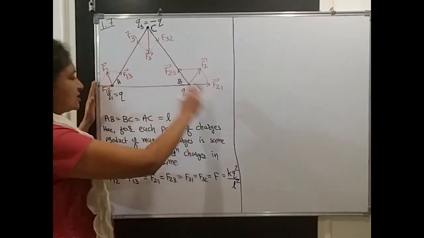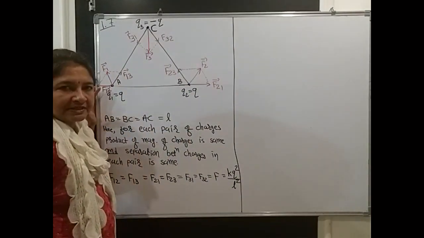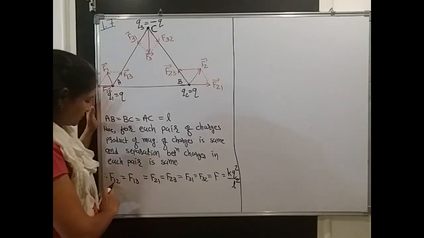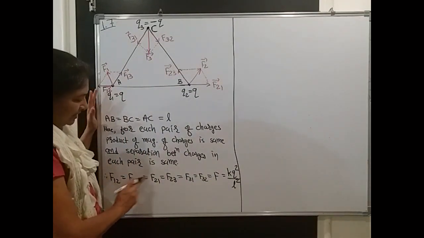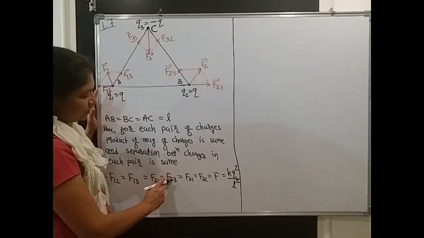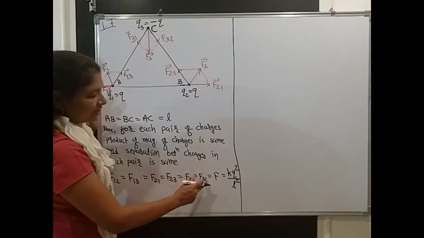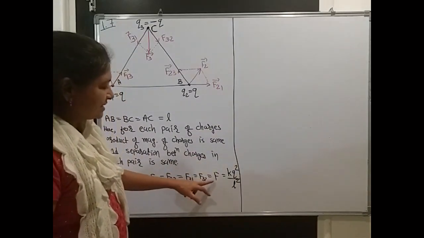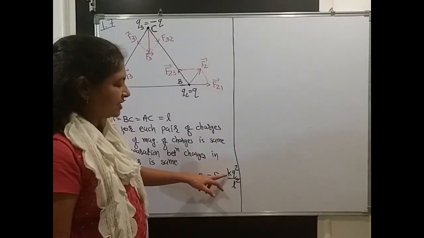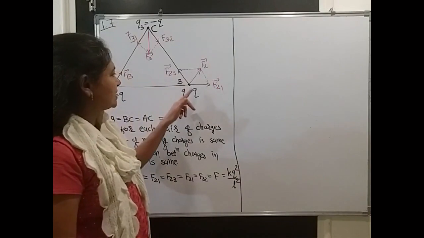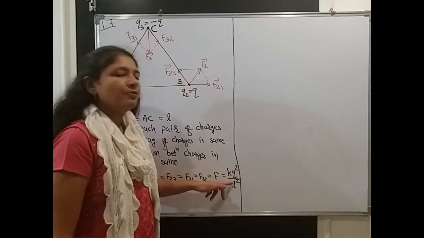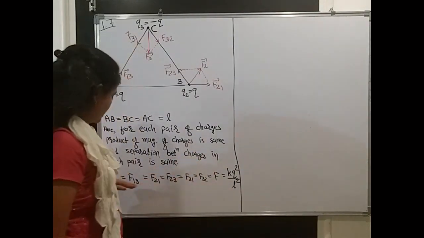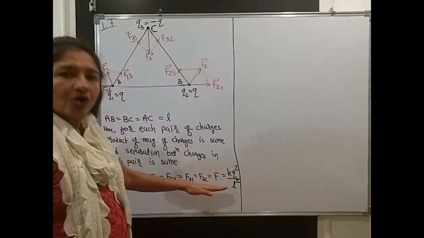So in this case, for each pair these two quantities remain the same. That means the magnitude of all these forces, F12, F13, F21, F23, F31, F32, will be the same. Let us say it is F and it will be K, Q1 into Q2, Q square, upon the square of the distance, that is L square. So here I have written the magnitude of all the forces.